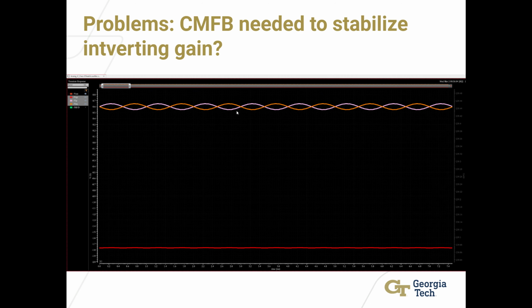When we run a transient simulation on our OTA with a differential input still centered around 600 millivolts, we get this weird negative 1.75 volt DC offset, and we think it is because we need to add common mode feedback in order to stabilize this. So we're still working on trying to stabilize this.